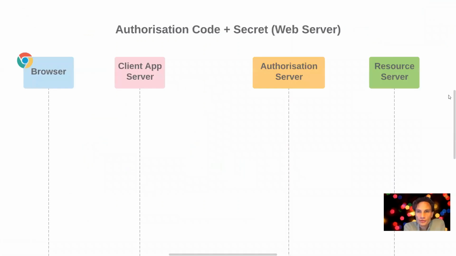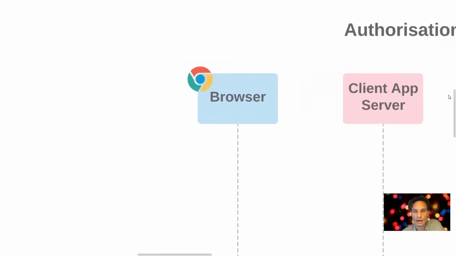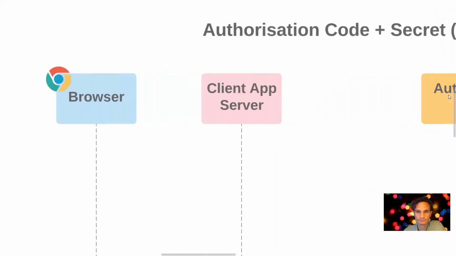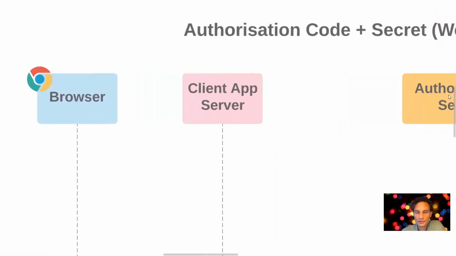Firstly, just to run through the steps of this flow and the main systems involved. There are 4 system components to this flow. There's the browser, which the end user, also known as the resource owner, is using to access the application. The client app server, which is a secure backend to the client application.